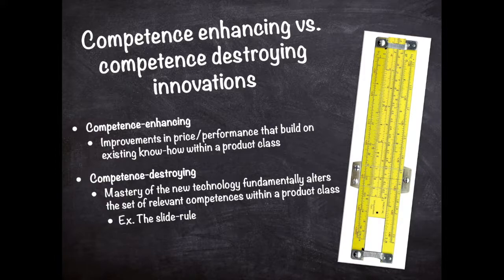So for them, this new innovation was competence enhancing. So it actually depends on whose perspective you have. This same innovation, the handheld calculator, was competence destroying for Keuffel & Esser, who had made the slide rule, and competence enhancing for Hewlett-Packard and Texas Instruments, who knew how to work with electronic components.